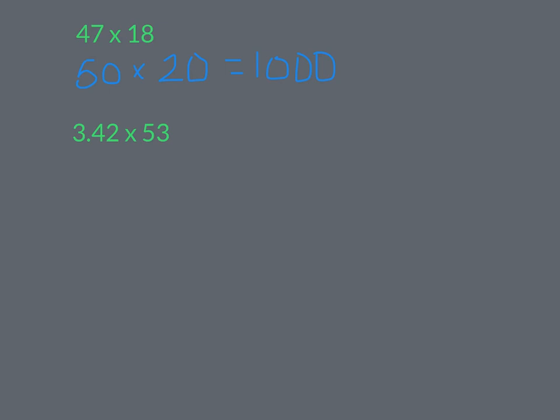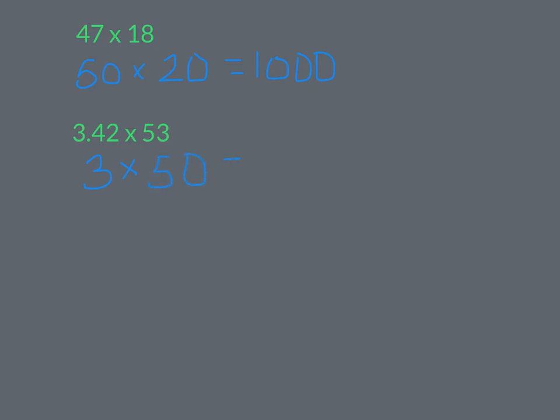Let's take a look at our next example of 3.42 times 53. We are going to round the 3.42 down to 3, since this 0.42 is less than 0.5. So this is 3 times, then we look at the 53 and we round that down to 50.